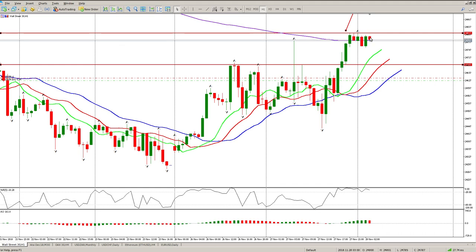There's always a possibility this comes all the way down and takes me out, which is fairly likely, but we do have a level here which looks fairly strong. If we pull back, expect us to come to this level, then give us some bullish price action, and at that point I will add to this position and move my stop up below my entry here.